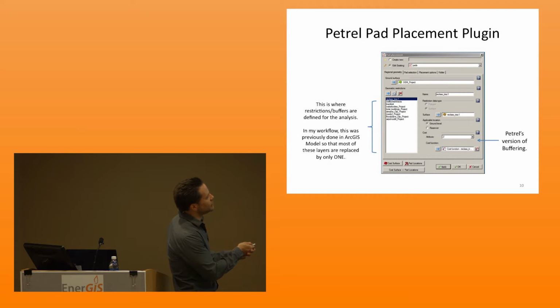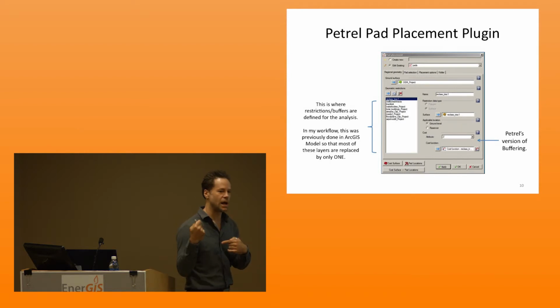This slide is a little misleading because, just for visual purposes, I have all these layers put in here. But in my workflow, all the surface analysis, all the layers here that would relate to the ground level, I've already done in the ArcGIS model.